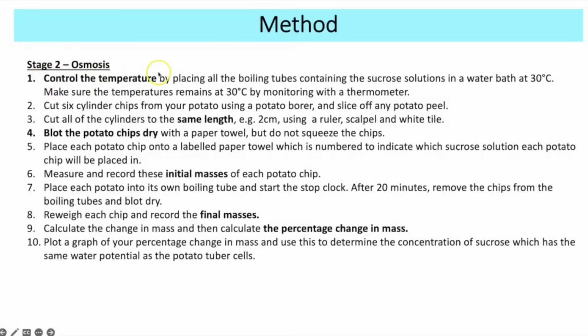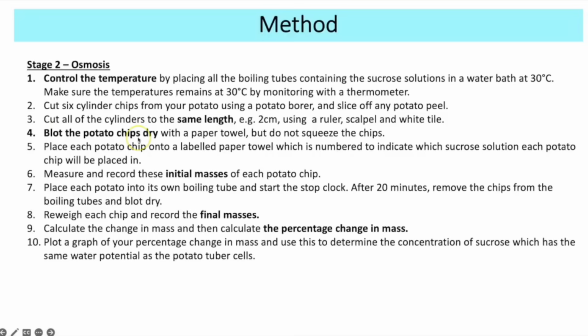So I've highlighted control the temperature. And that is because temperature will affect the amount of kinetic energy and therefore the rate of osmosis. So you have to keep that the same in all of them. They need to be the same length and have the same surface area because, again, surface area affects diffusion and osmosis is a type of diffusion.